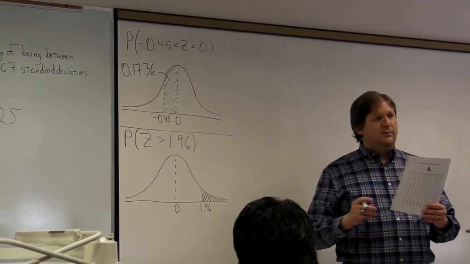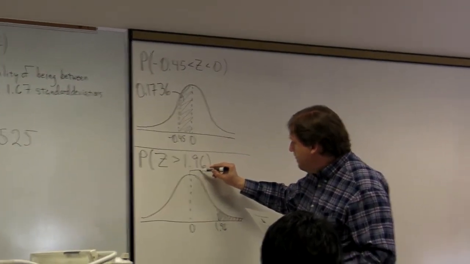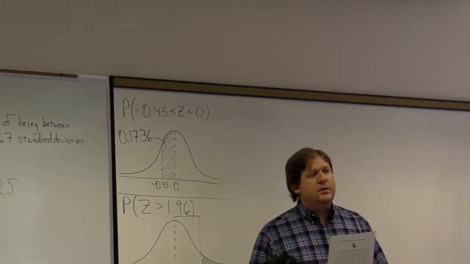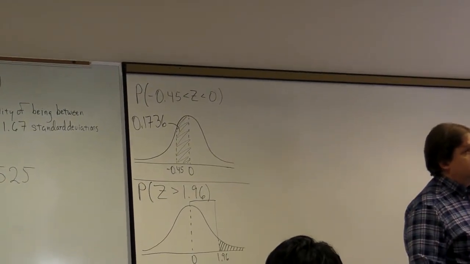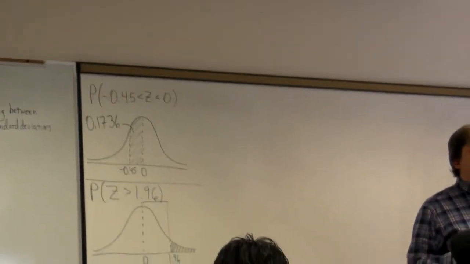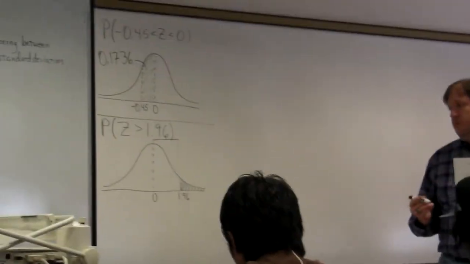So one thing we could find out is the area between 0 and 1.96. So we could find out the probability of being between the mean and 1.96 standard deviations above the mean.